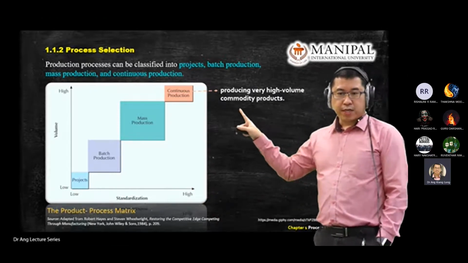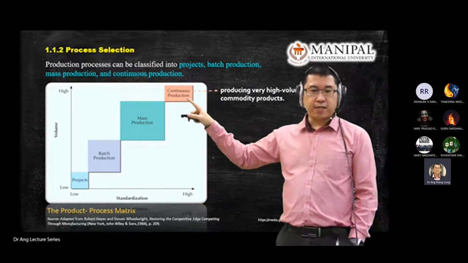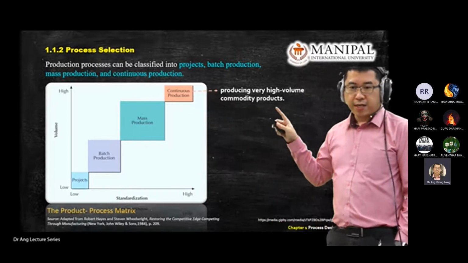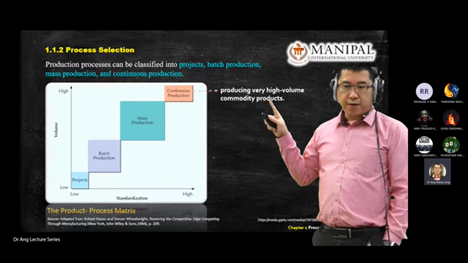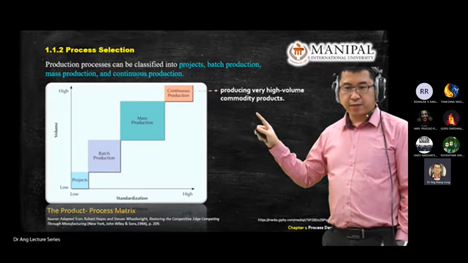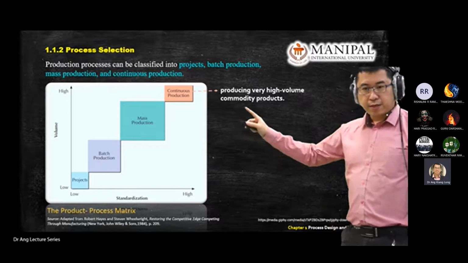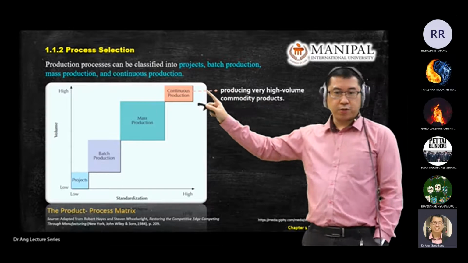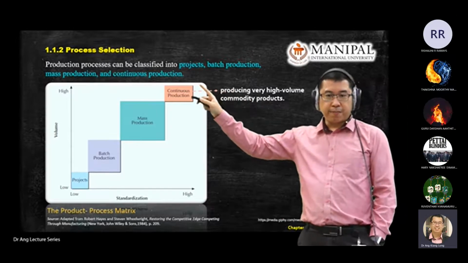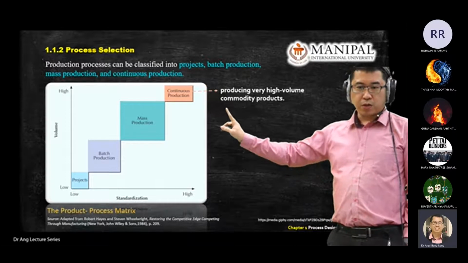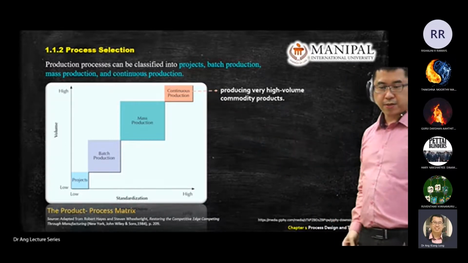So the keyword for processes that fall under continuous production is very high volume commodity products. If you want to give an example for continuous production, look for the keyword commodity products.